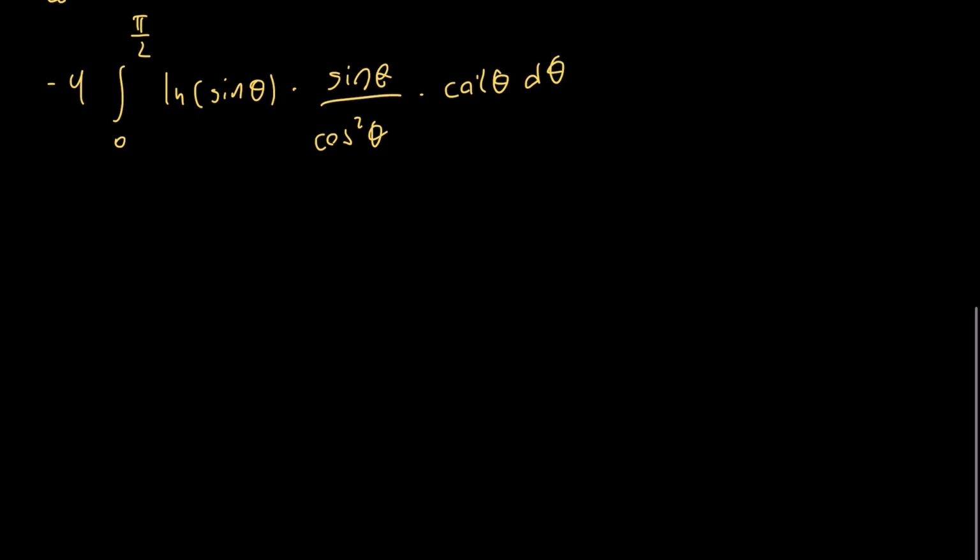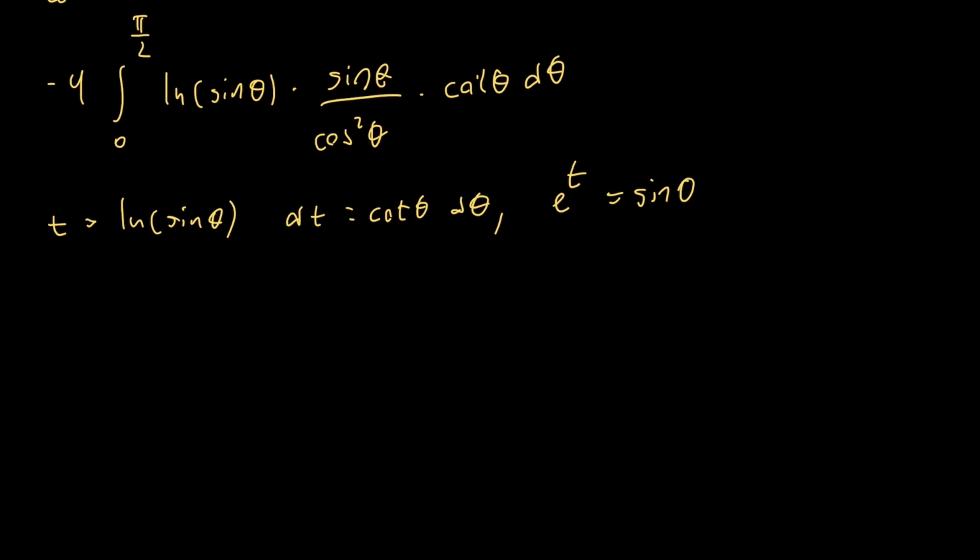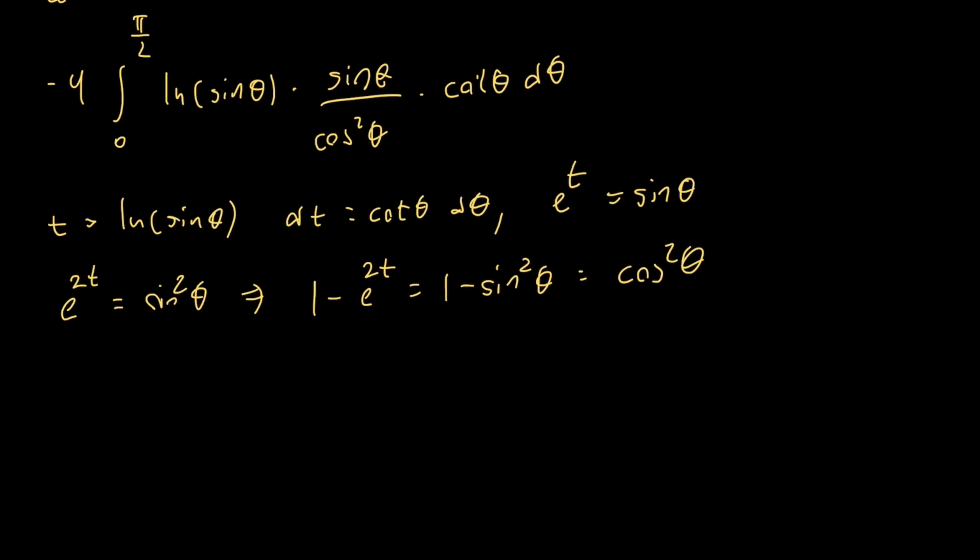And I'll make a substitution. So we're going to let t equal the natural log of sine theta, but that means that dt equals cotangent theta d theta, but that means that e to the t is sine theta, and that means that e to the 2t is sine squared theta, but that means that 1 minus e to the 2t is 1 minus sine squared theta, which is cosine squared theta.